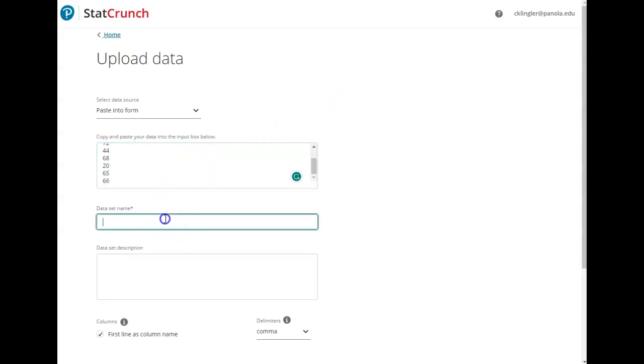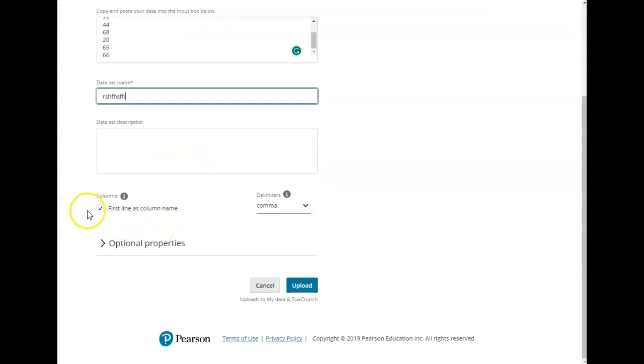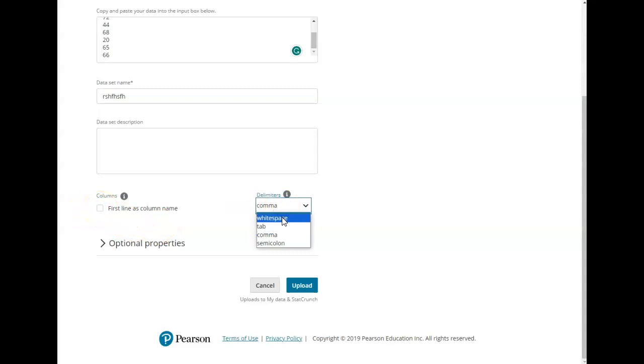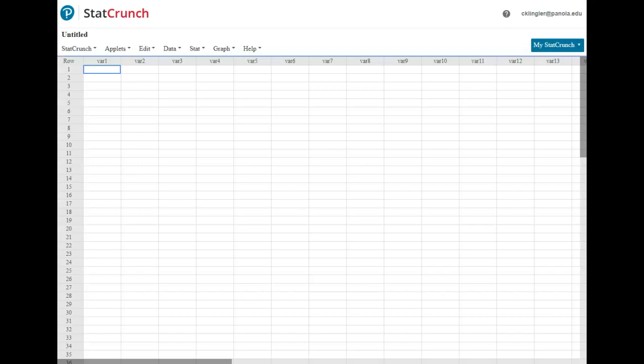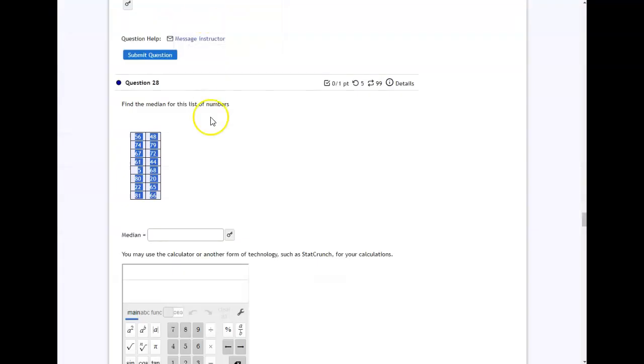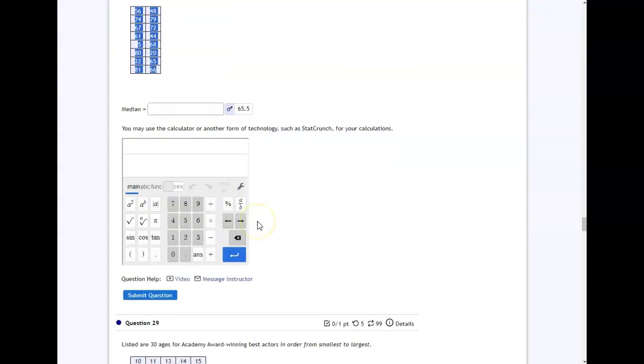And then you just have to name it something, uncheck the first line as column names, and these would be separated by white space, and you would do upload and it would load them in there for you. So you can do that if your StatCrunch is messing up and won't load into the columns like I showed you. So that gives us our median of 65.5.